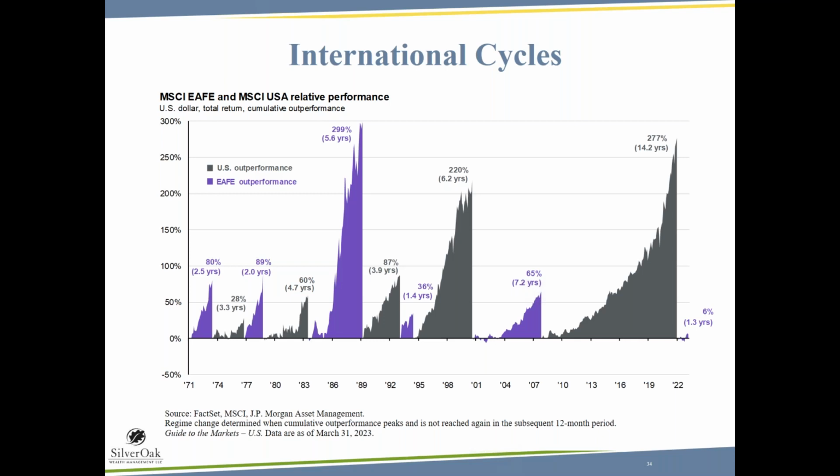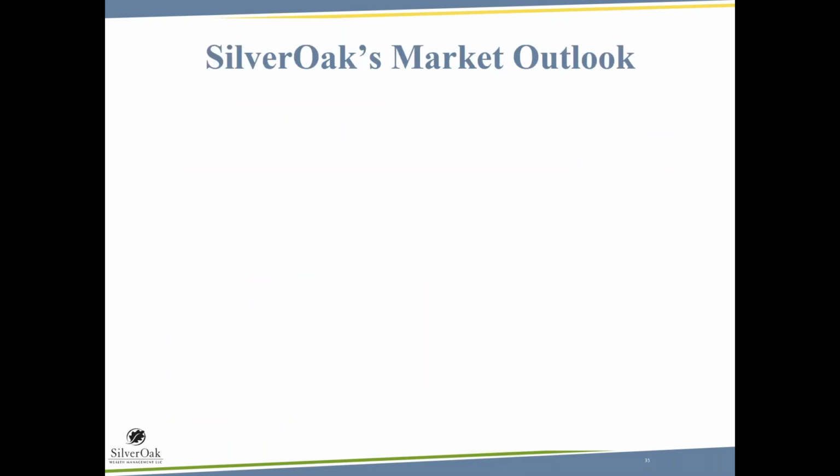Yes. So finally, we've seen that gray area stop. And whether we're going to see international outperform to the magnitude that it has in prior periods, we don't know. But we are still very optimistic and believe people should have that international exposure in their portfolios.